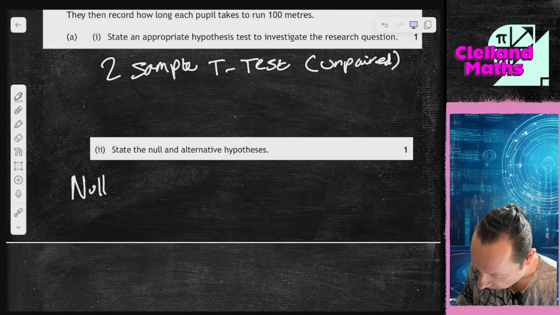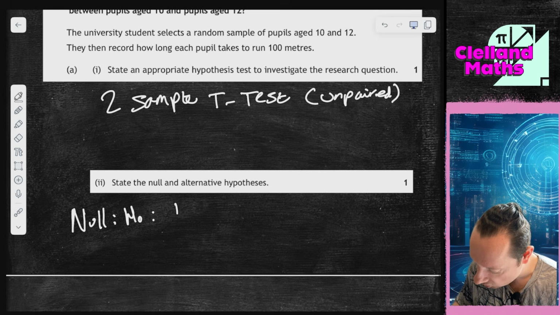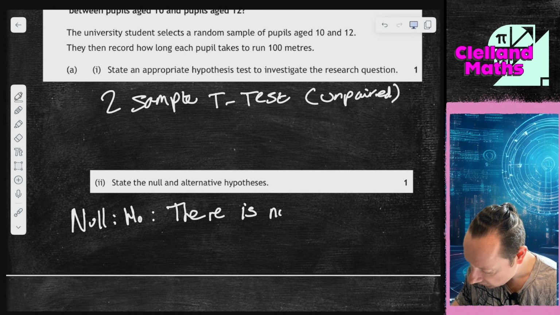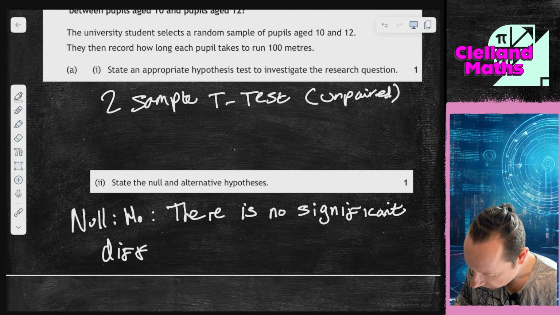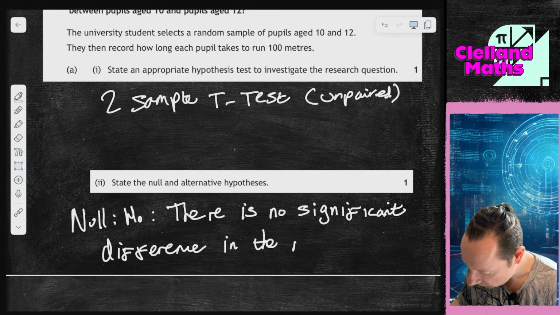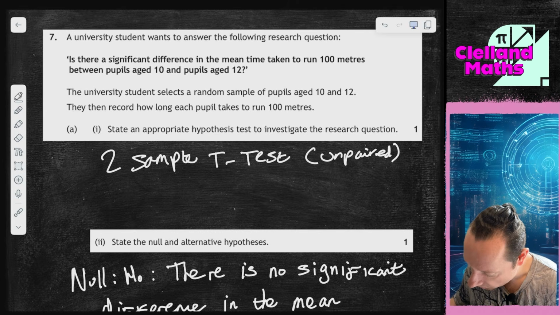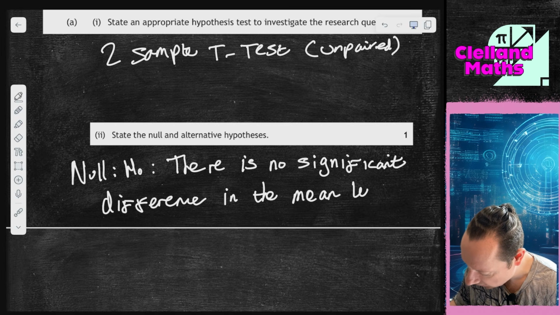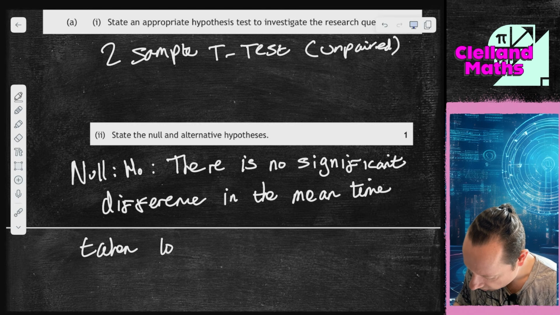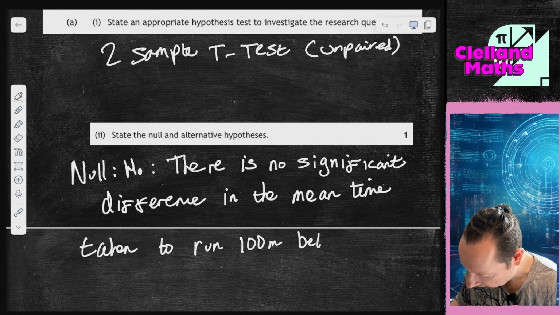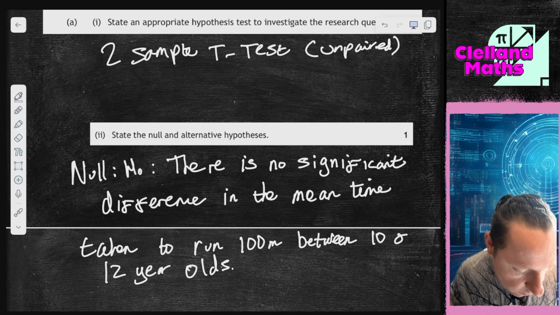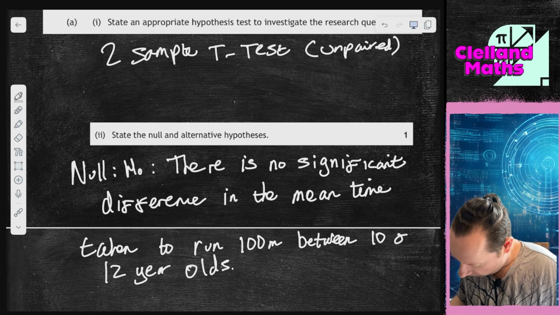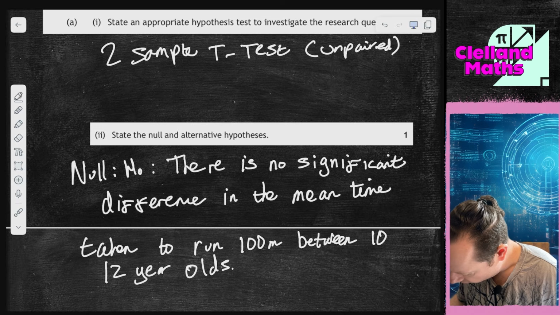The null, sometimes called H naught, is there is no significant difference in the mean time taken to run 100 metres between 10 and 12-year-olds. I'll probably write between 10-year-olds and 12-year-olds, so it's really obvious.